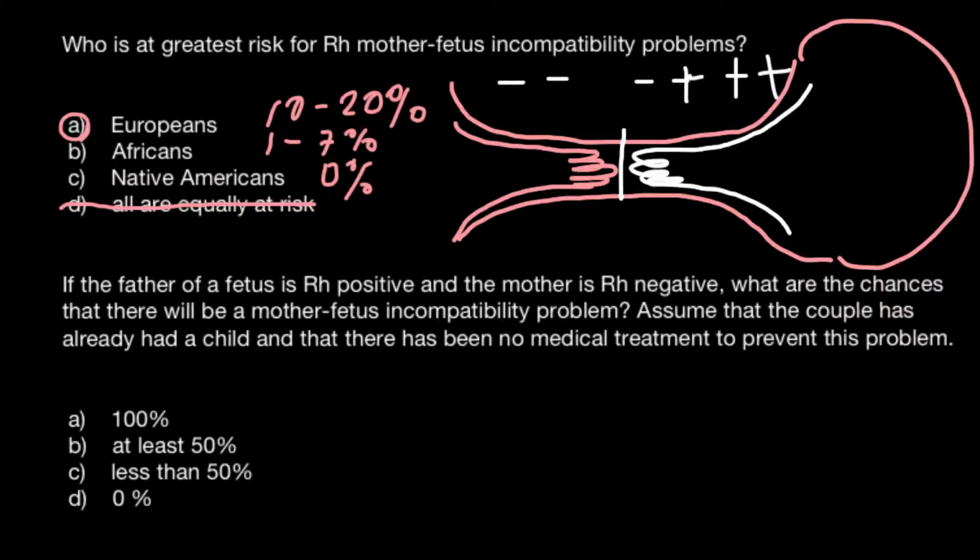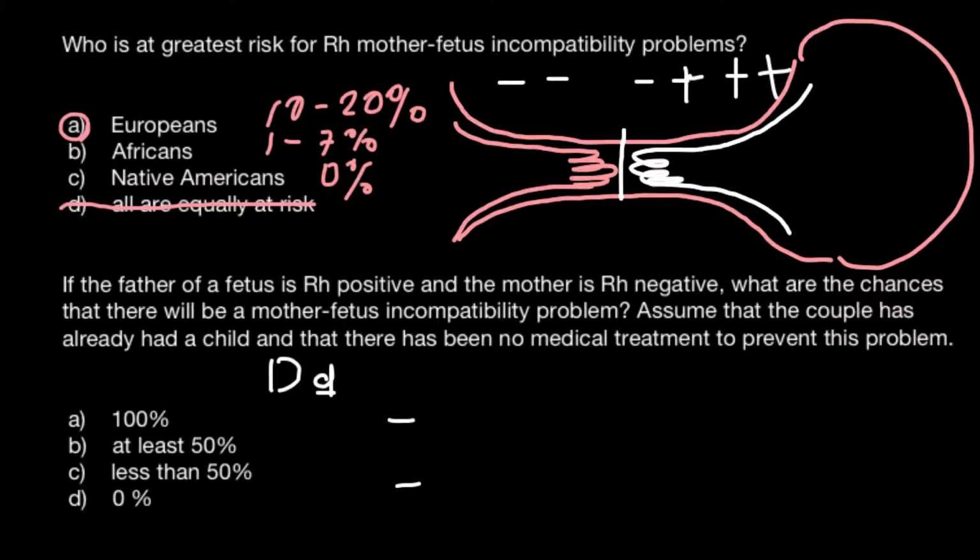Her genotype would be negative for both genes, and the name of the gene is gene D. So gene D stands for the Rh positive factor, and small d or blank space stands for the absence of this gene. So we know that the mother doesn't have this gene and its products on the surface of the red blood cells, but we don't know the genotype of the father.